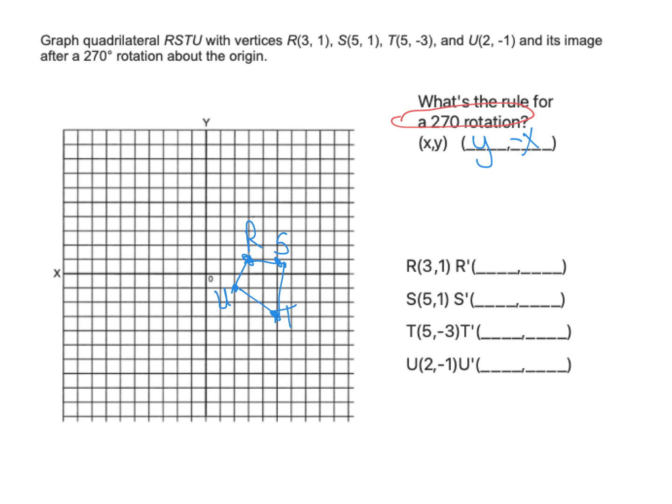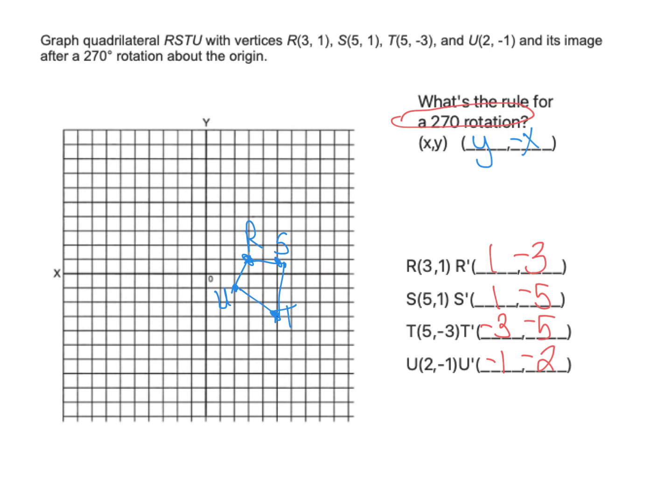So (3, 1) is going to become (1, 3), and then that x value of 3 becomes the opposite sign. (5, 1) is going to become (1, 5), and then that 5 becomes the opposite sign. (5, -3) is going to be (-3, 5), and that 5 becomes the opposite sign. (2, -1), we're going to flip-flop them, (-1, 2), and that 2 becomes the opposite sign.